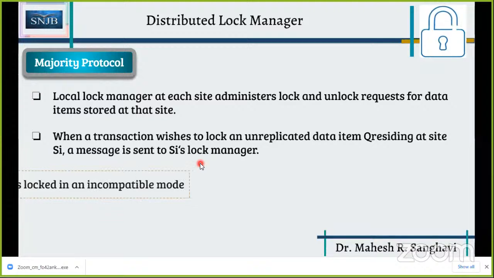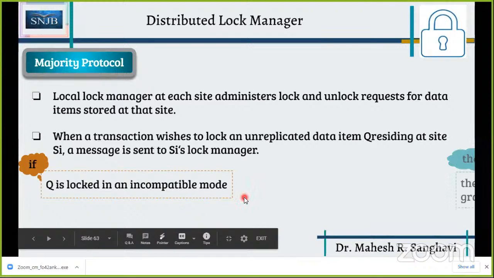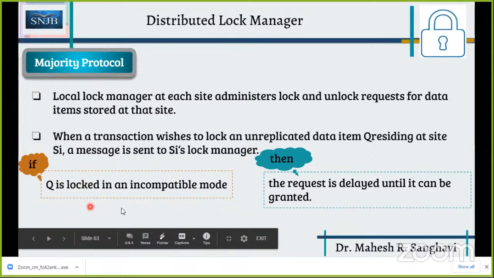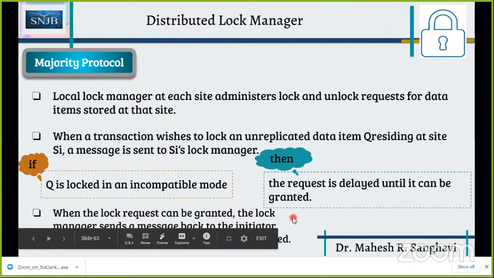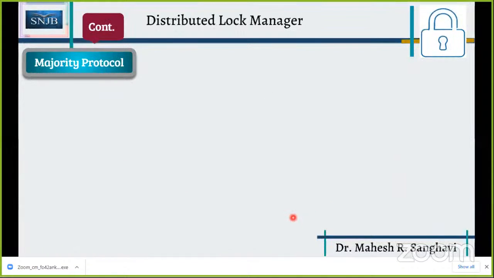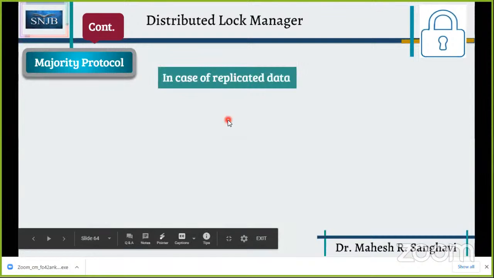If the queue is locked in an incompatible mode, then the request is delayed until it can be granted. When the request is granted, the message is sent to the transaction's site that the request is granted.